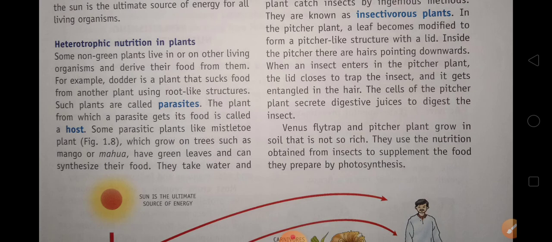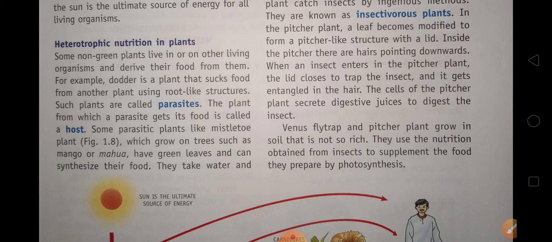Heterotrophic nutrition in plants. Some non-green plants live in and on other organisms. We can say they live in other living organisms or on other living organisms, and they get their food from them.